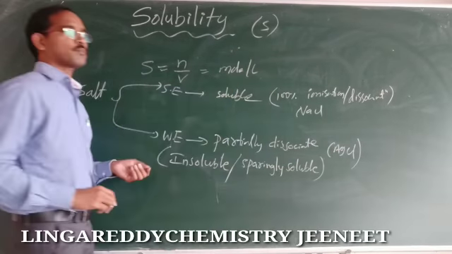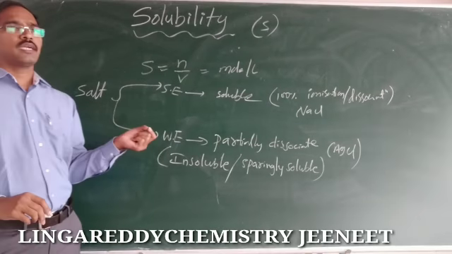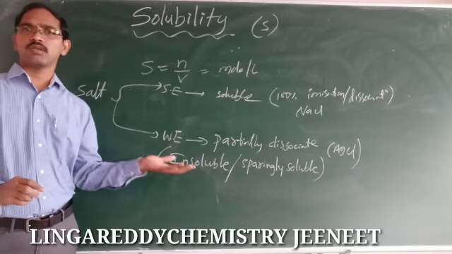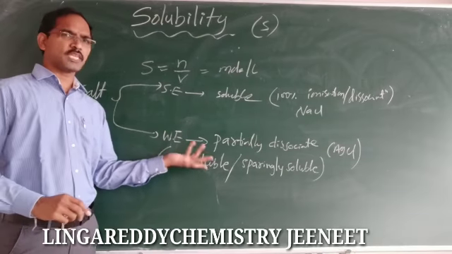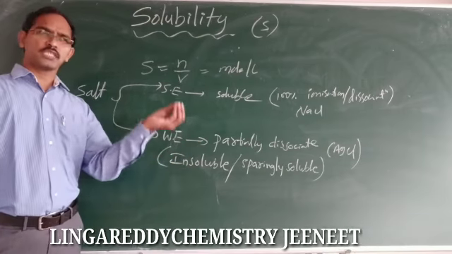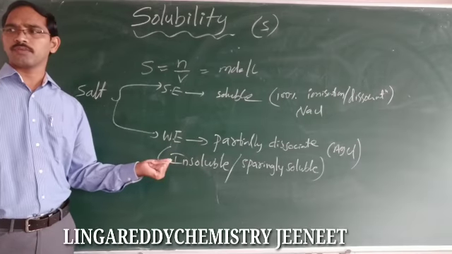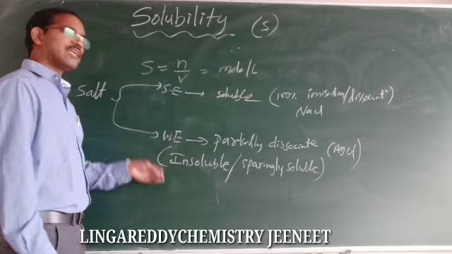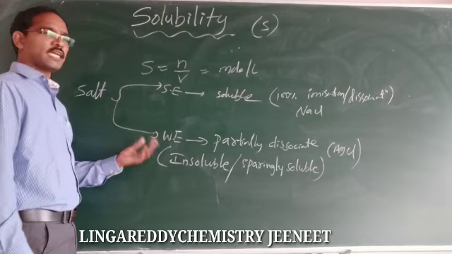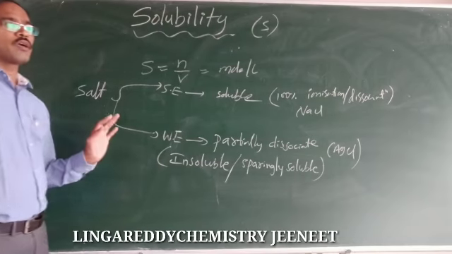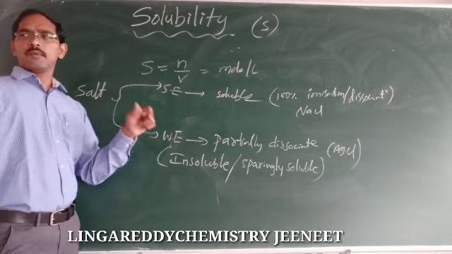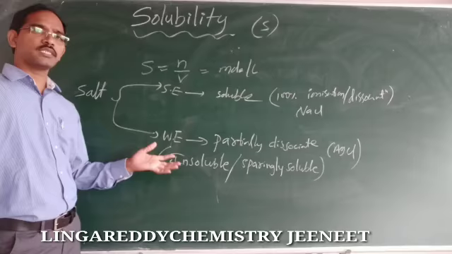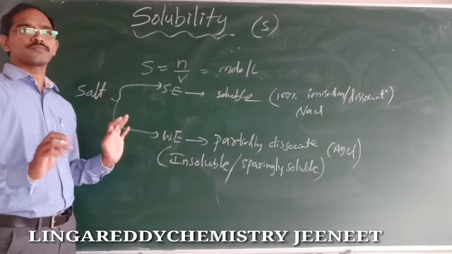Sparingly soluble means, suppose in 1 liter 0.1 gram is dissolved, a very small quantity. Mostly it gets precipitated, though smaller quantities may dissolve. Even though it may dissolve in milligrams, we don't consider that solubility; we are taking bulk.